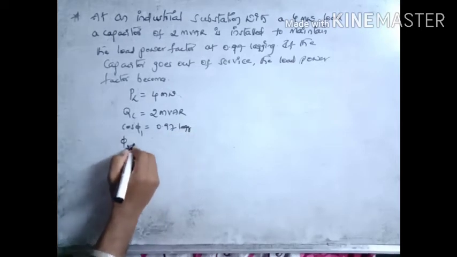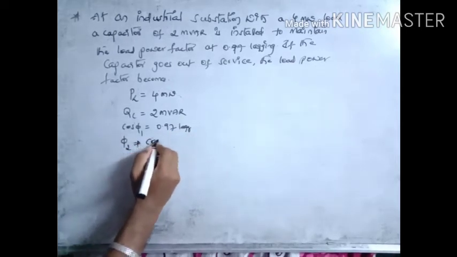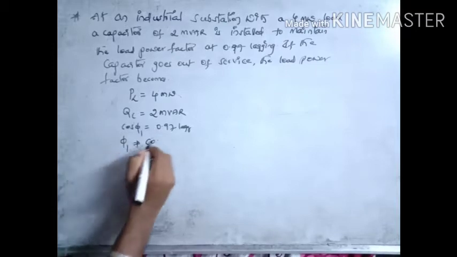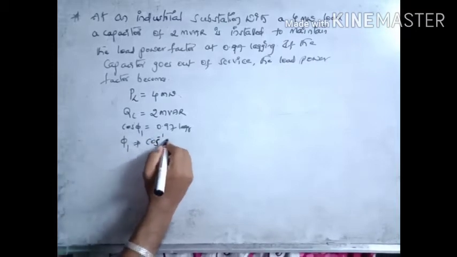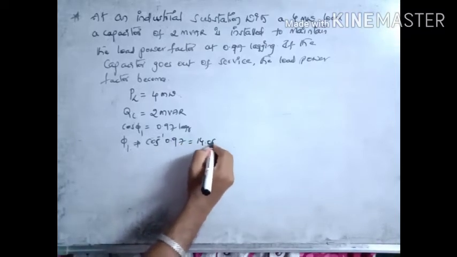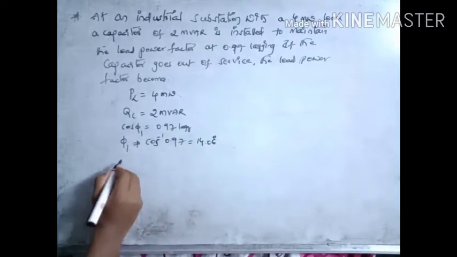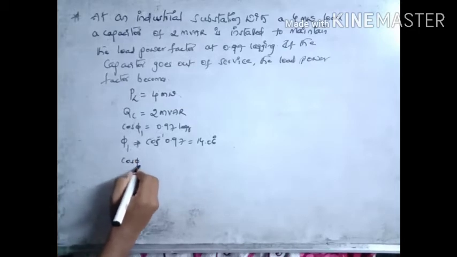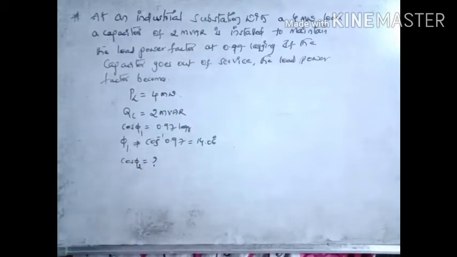If we convert this into phase angle, phi 1 equals cos inverse of 0.97, which equals 14.06 degrees. We have to calculate the load power factor cos phi 2 at this phase angle phi 2.